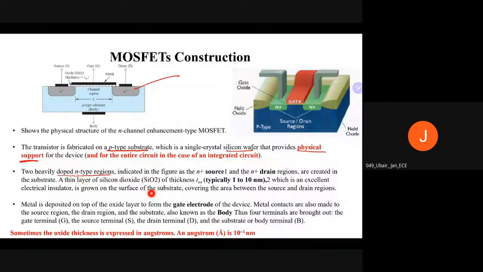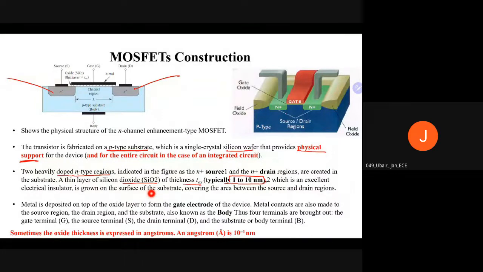Now see, two heavily doped N-type regions, that is this one and this one, indicated in the figure as N plus source and N plus drain regions, are created in the substrate. ये substrate में ही होते हैं. A thin layer of silicon dioxide of thickness Tox, typically the thickness is 1 to 10 nanometer. Please note it down. The thickness of silicon dioxide is typically 1 to 10 nanometer.